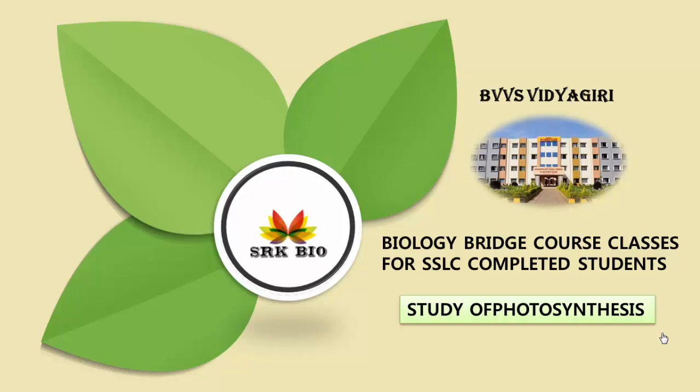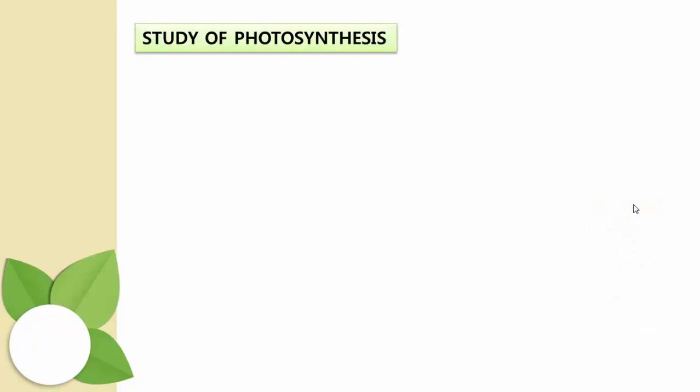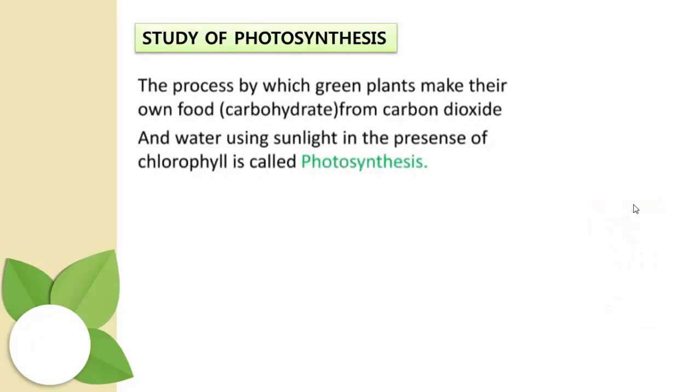In this video, I am explaining about the study of photosynthesis. So let us move to the details of photosynthesis, and here is the definition. What is photosynthesis? Photo means light and synthesis means building up a process, that means production.